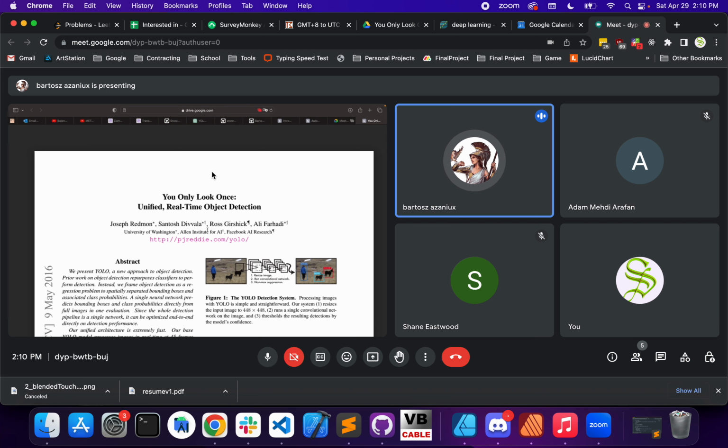And if the confidence surpasses a threshold, then that particular patch that we have just analyzed will be created with a bounding box, right?